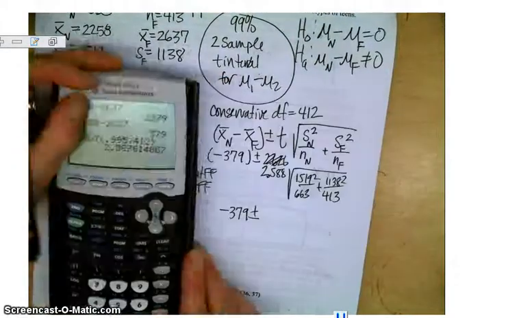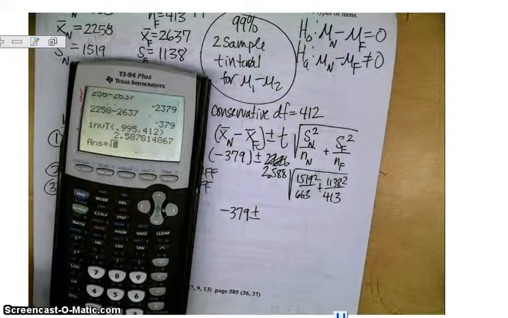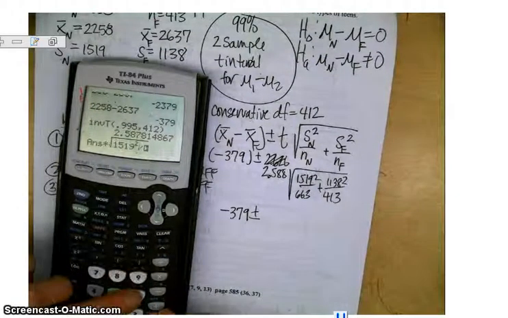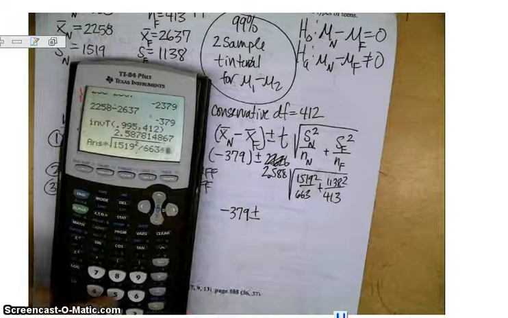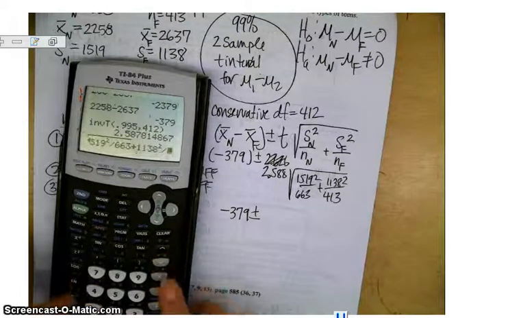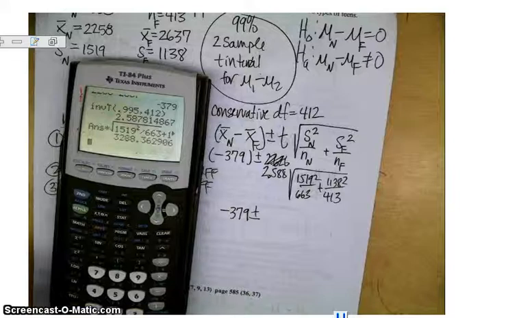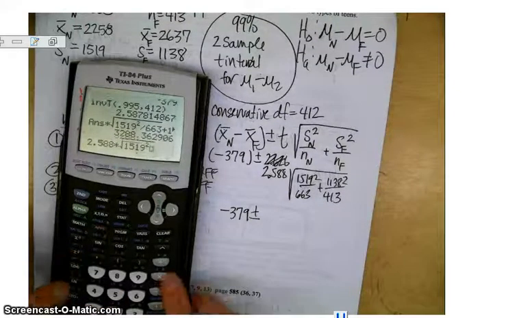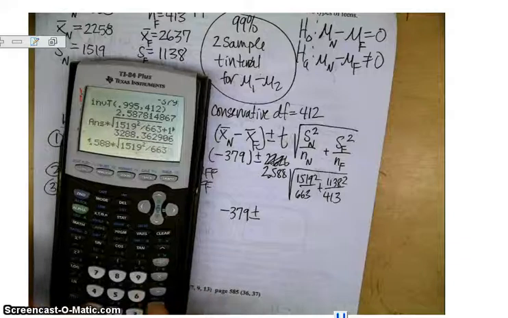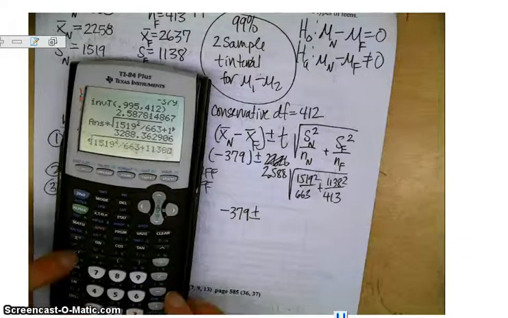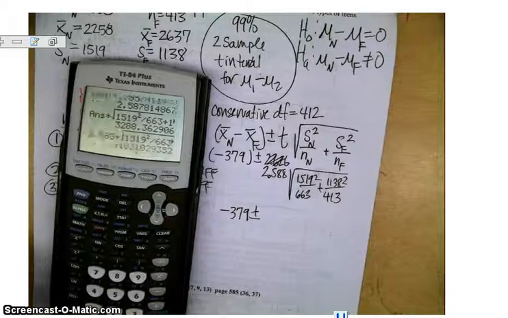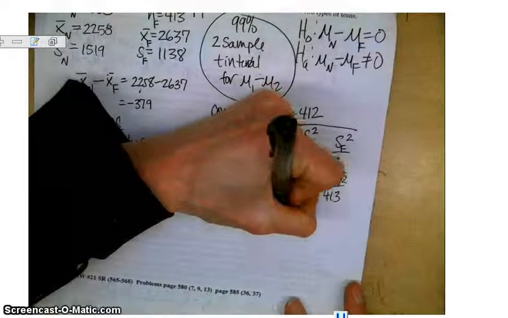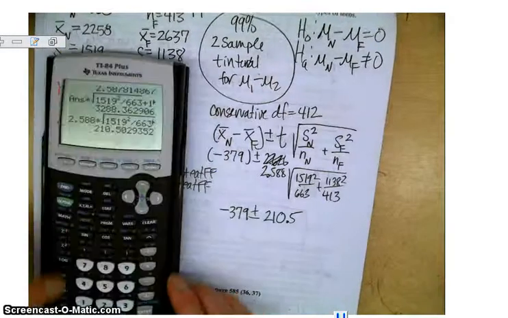So then if I do that calculation fast, that is ginormous. Okay, this should be right. Okay, so plus and minus 210.5.